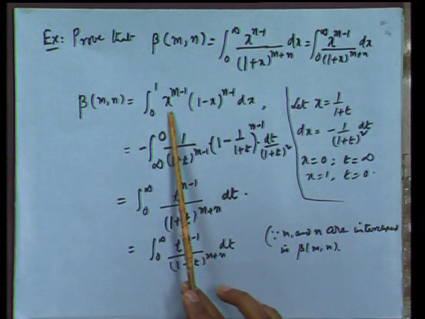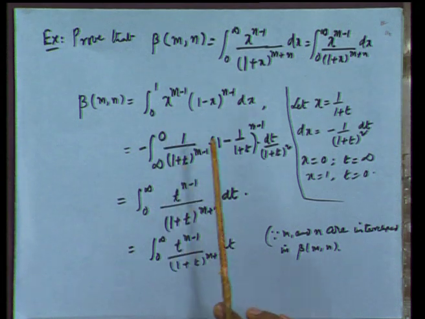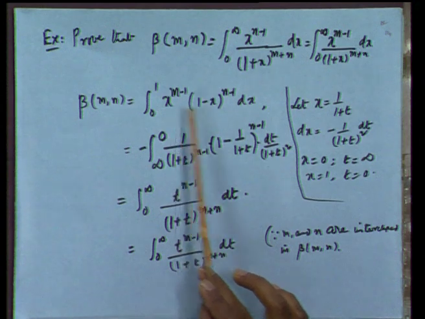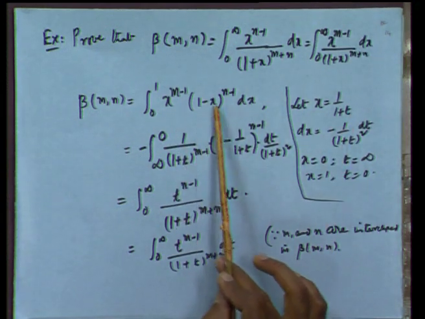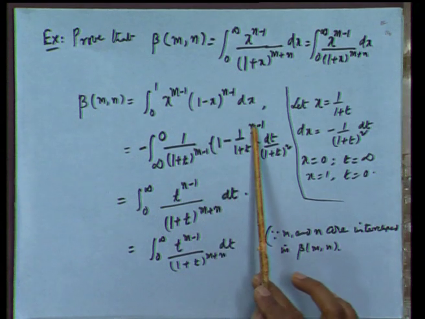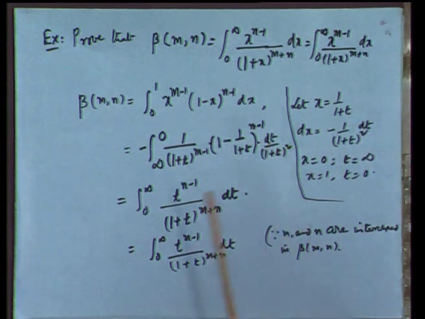The resultant integral is equal to minus integral infinity to 0 of 1 by 1 plus t raised to the power of m minus 1, because x is taken as 1 by 1 plus t, then 1 minus x is simply 1 minus 1 by 1 plus t raised to the power of n minus 1 into dt by 1 plus t whole square.